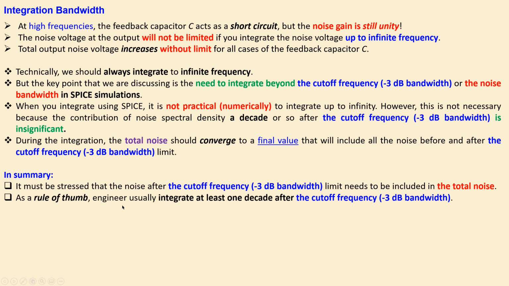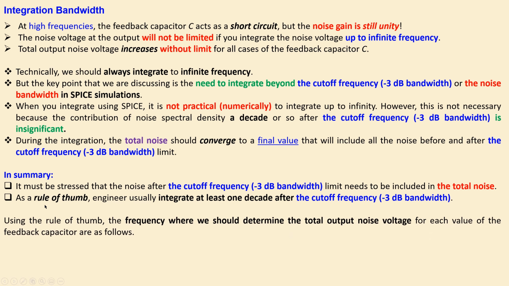As a rule of thumb, we engineers want to have a practical sense for this analysis. We usually integrate at least 1 decade after the cutoff frequency. So once you know your cutoff frequency, you integrate 1 decade after that frequency, at least 10 times the cutoff, and that will be the value where you need to determine your noise.